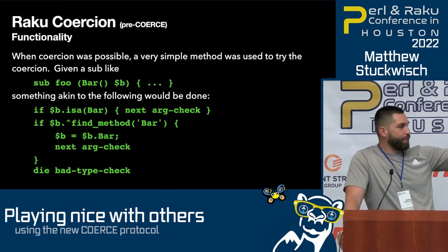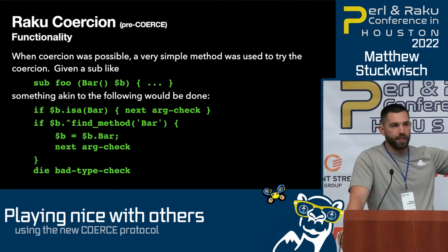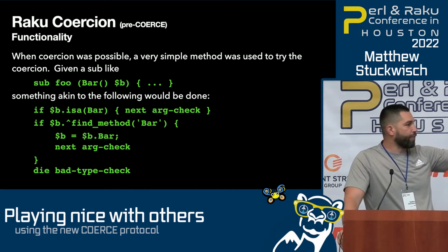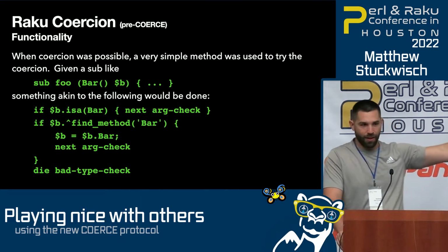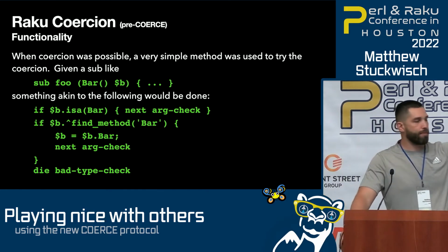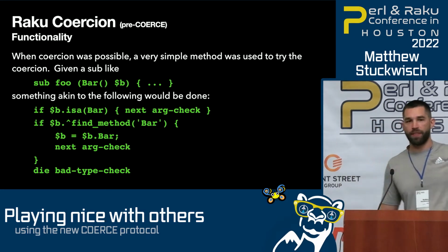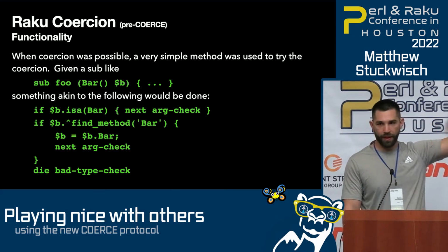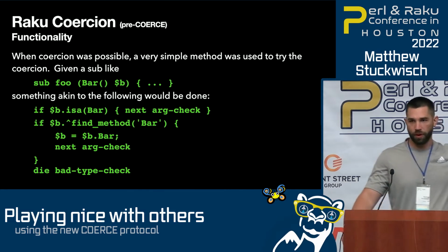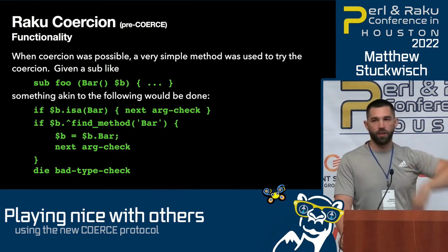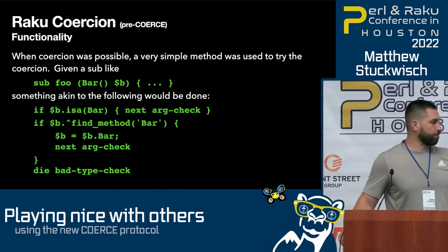Basically ask, hey, is B a bar? If it is, great, let's go look at the next argument. We're good, all right? If not, well, hey, does B have a method bar? It does? Okay, cool, we're going to call that method bar on B, and bind that to B, and now we go to the next argument. And then we die.